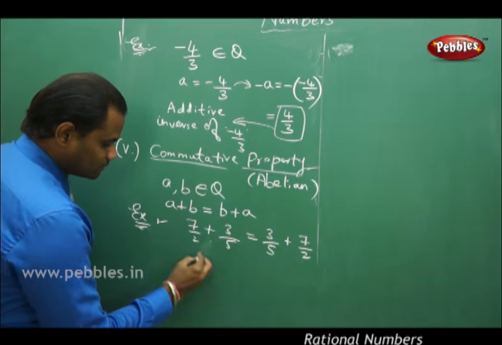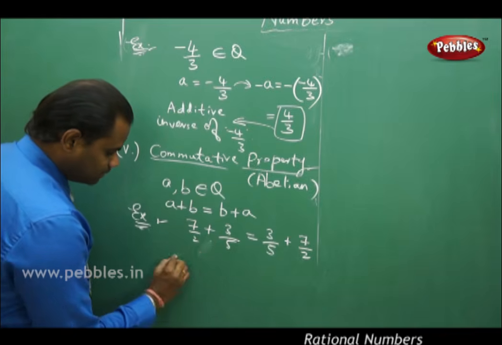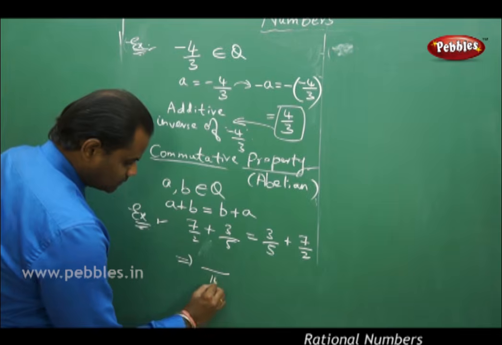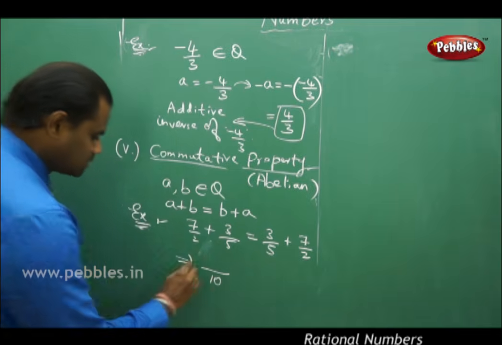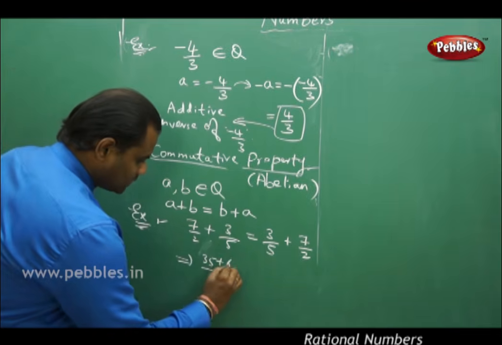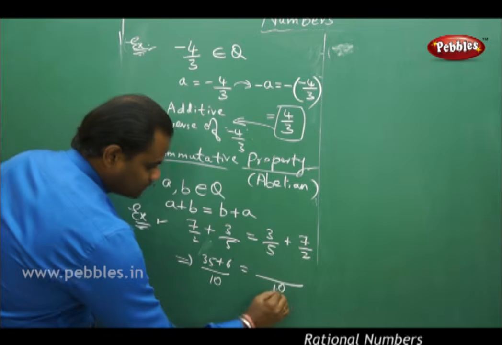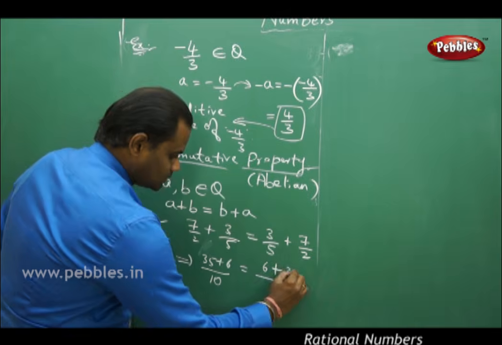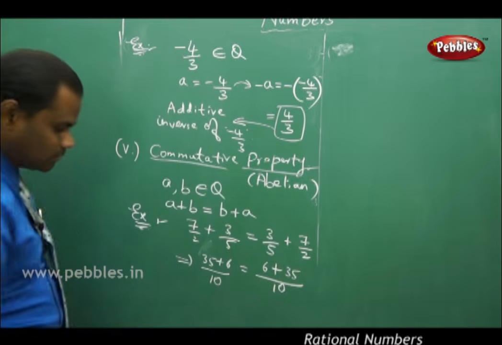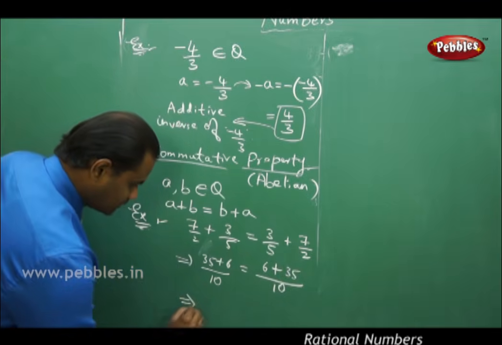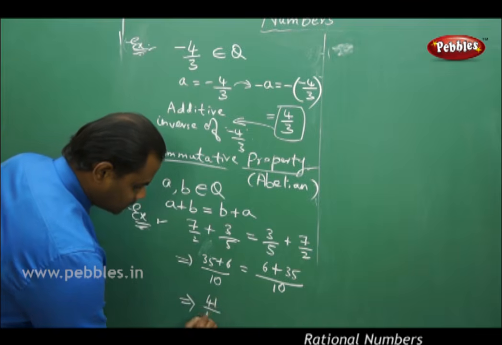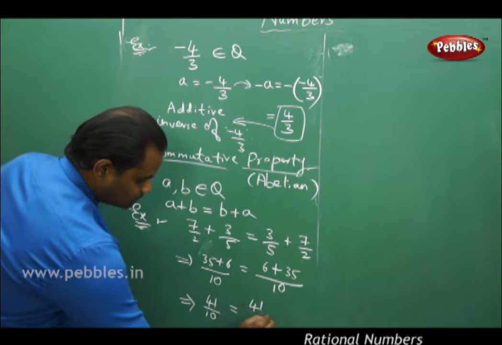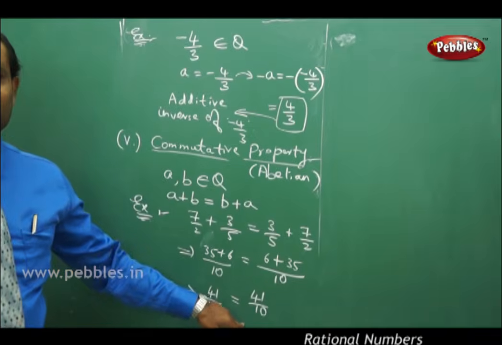When I take 7 by 2 plus 3 by 5, that would give me 35 plus 6 over 10, and this would give me 10 times of 2, 6 plus 35, and this would obviously be the same. So when I simplify this, this would give me 41 over 10, and this would give me 41 over 10.